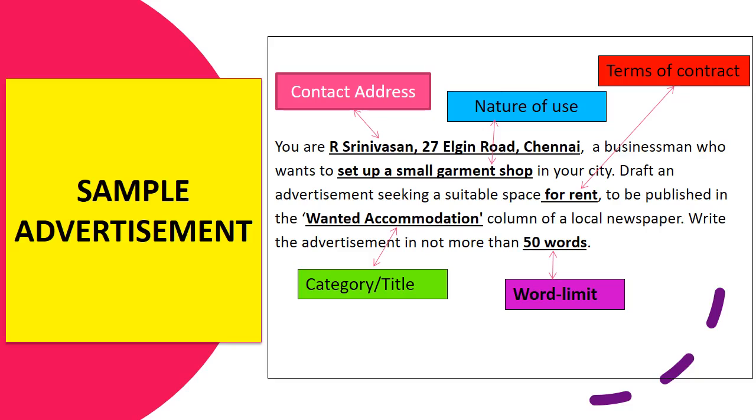Draft an advertisement seeking a suitable space for rent. So terms of contract, it is required for rent. To be published in the wanted accommodation column of a local newspaper. Write the advertisement in not more than 50 words. So category is given, that is wanted accommodation or accommodation wanted, and word limit is 50 words. Even if it is not given, the word limit for writing an advertisement is 50 words.